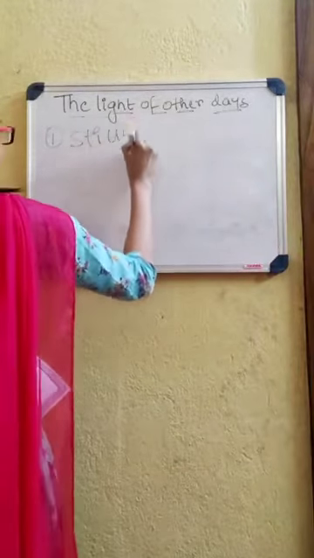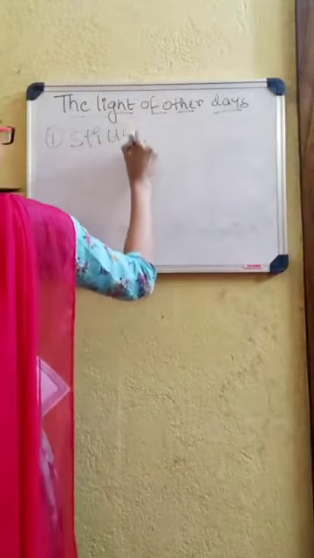And in the third stanza you have wintry weather. So these are the three transferred epithets, or three figures of speech, that are used in the poem The Light of the Other Days. So how do you know stilly night is a transferred epithet? Let us discuss.